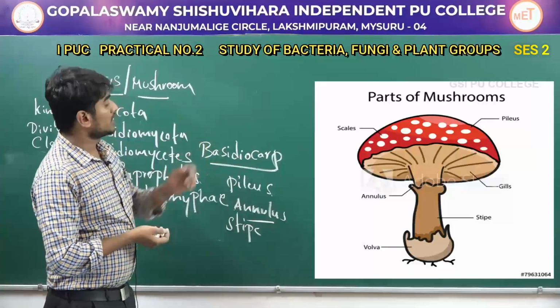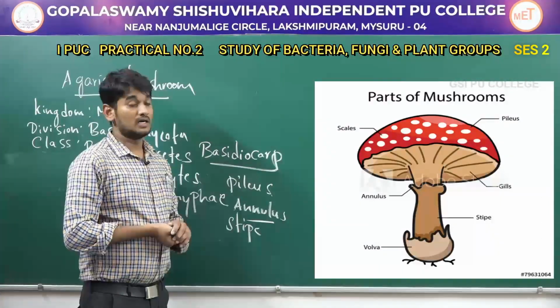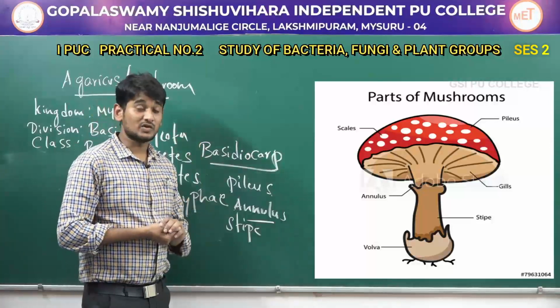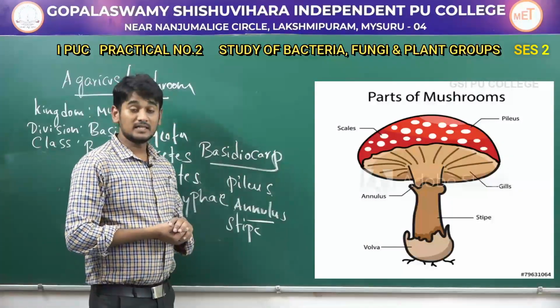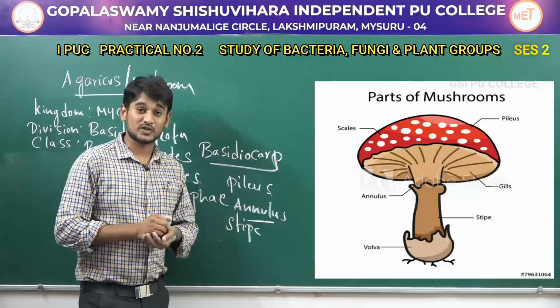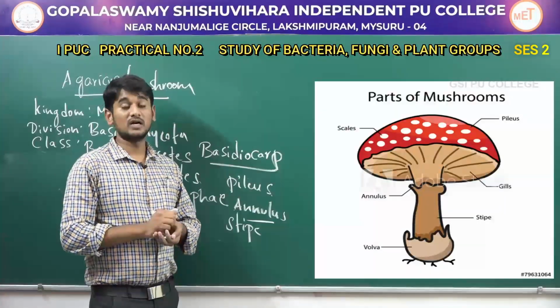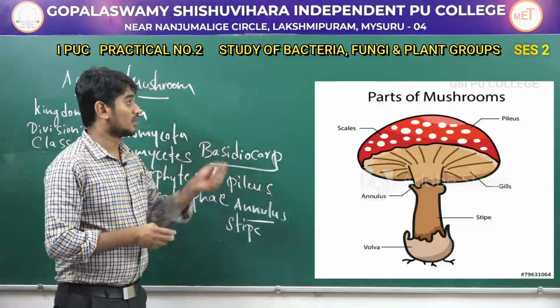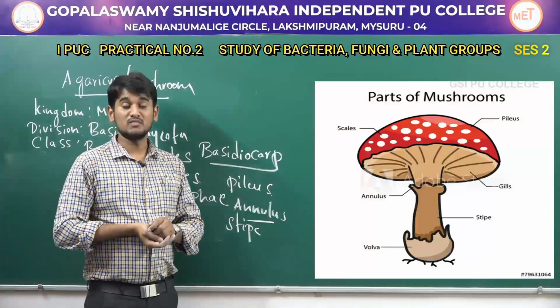Yes, above the stalk we can observe a ring-like structure called annulus, and next to the stalk an umbrella-like structure called pileus. So these are all about Agaricus and mushroom.